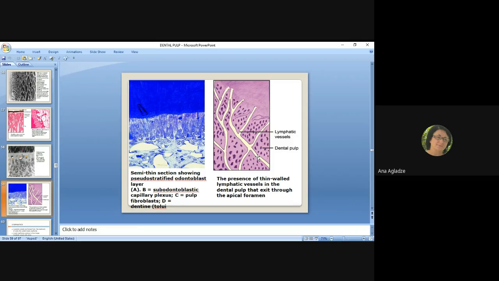The drainage of this tissue is by lymphatic capillaries and the lymphatic system. The lymphatic capillaries are close-ended capillaries. They are formed by endothelial cells, which are lymphatic endothelial cells.